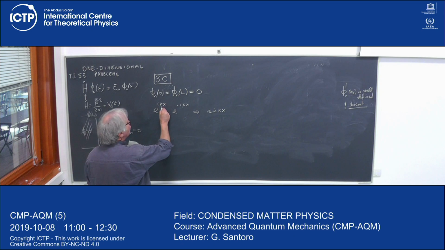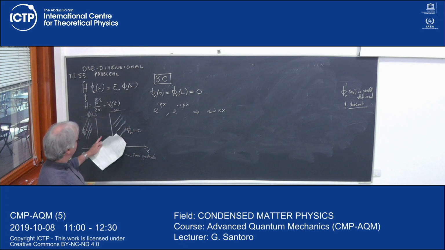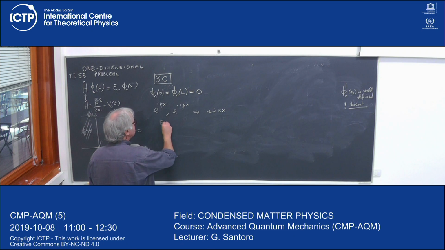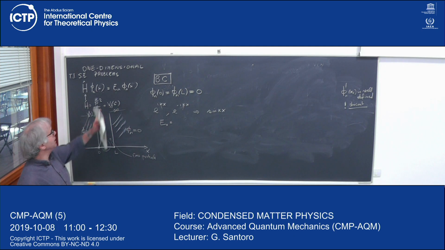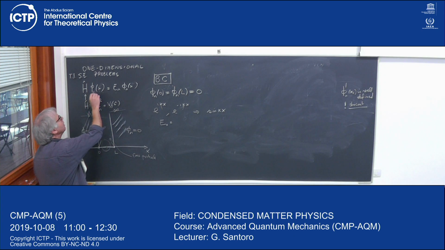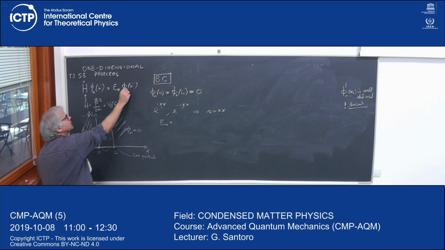In principle, for any k, you have a solution of the free particle problem there, right? What would be the energy associated with this? I'm looking for solutions labeled by this k. What is the energy?